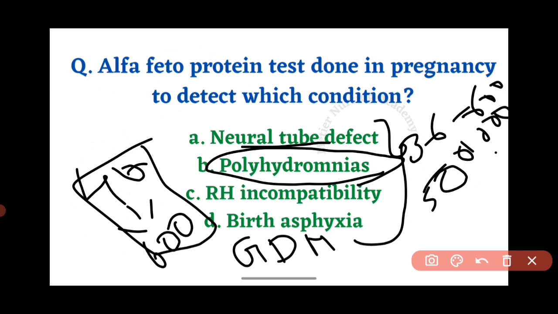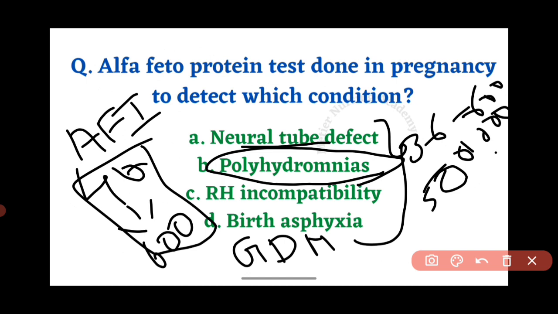One more point has to be kept in mind, that is amniotic fluid index. Very important point guys, please listen carefully. The amount of fluid present in the gestation period is calculated through an index called amniotic fluid index, and the normal value of AFI is 5 to 25 centimeter.